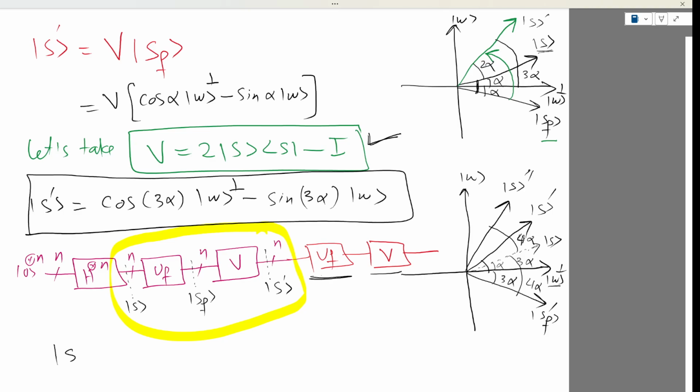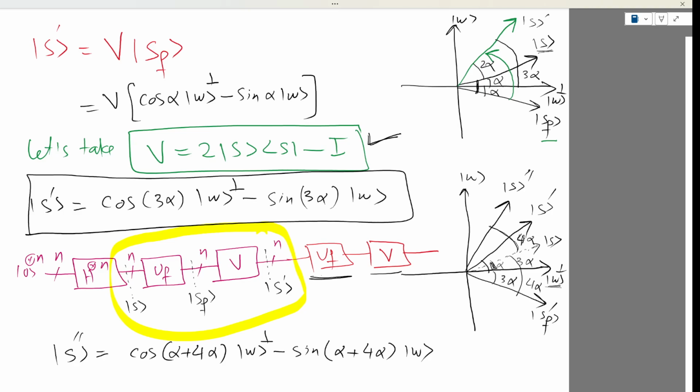So S double prime would be cosine of 5 alpha. Let me just write it: cosine of alpha plus 4 alpha, minus sine of alpha plus 4 alpha, because now our S prime state has this angle 4 alpha plus angle alpha with this W perpendicular axis, so it becomes cosine of this.